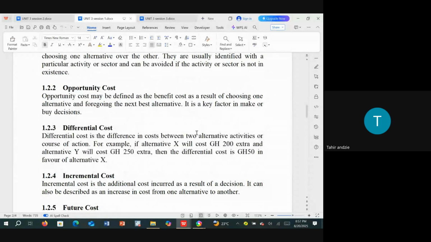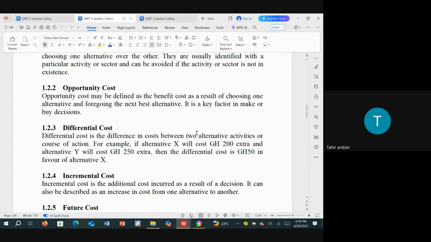Opportunity cost is also a cost that can be referred to as a relevant cost, because when we have learned economics, we know that opportunity cost is the next best alternative foregone. So once you have options and you make a choice between the options, the alternative foregone becomes your opportunity cost. It is a relevant cost because you have avoided that cost in order to make a choice.